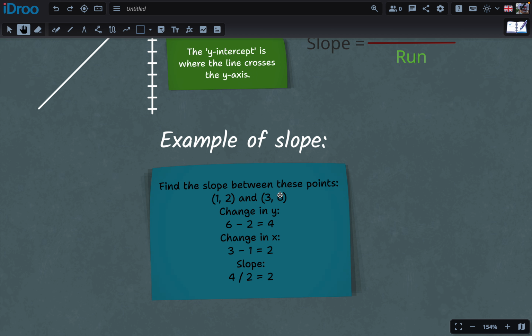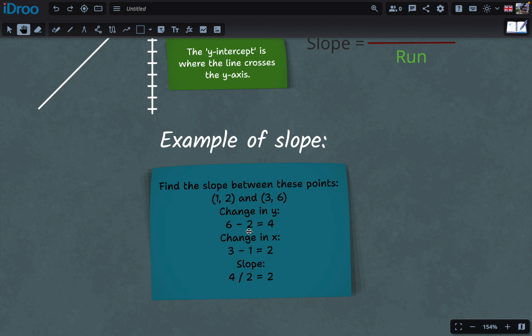Find the slope between these points, our old point and our new point. Our old x is 1 and our new x is 3. Let's see the change in y: we just subtract the old point from the new point, and here we get 4.